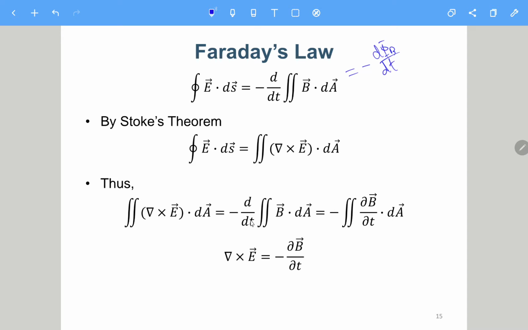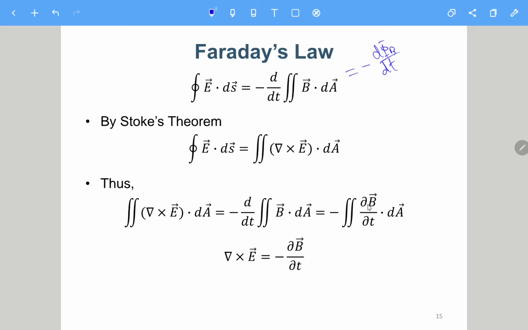But if we put it inside the integral, we need to use the partial derivative, because after calculating this double integral, it becomes a scalar, so it is probably only related to t. But if we put it inside, the B field is a function of x, y, z, and t, so we need to use the partial derivative rather than the ordinary derivative.